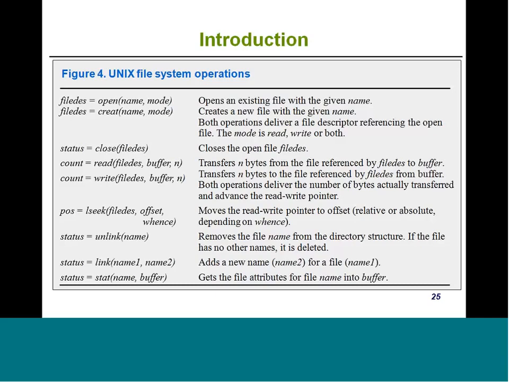So the count displays the number of bytes. You can also do write filedes, buffer, followed by n. They both deliver the number of bytes actually transferred, and they also advance the read pointer to the next location.